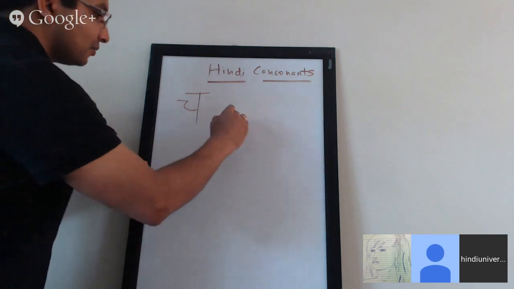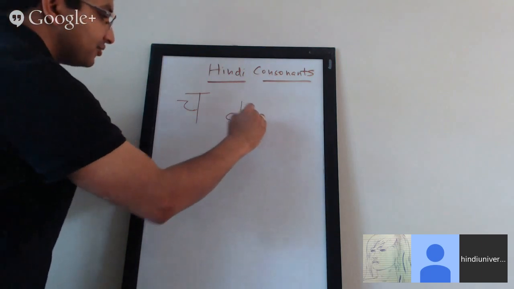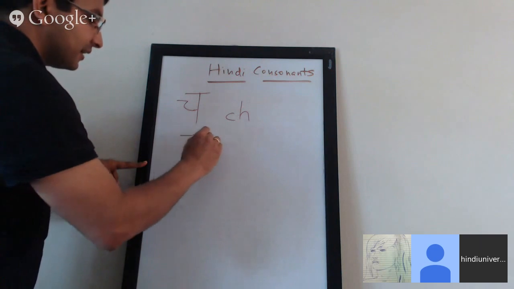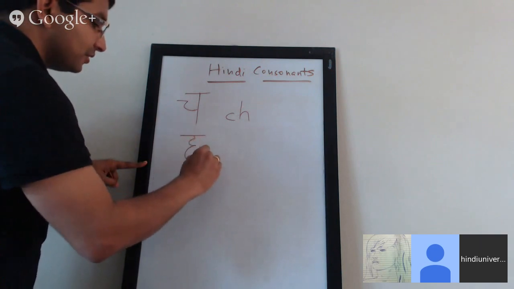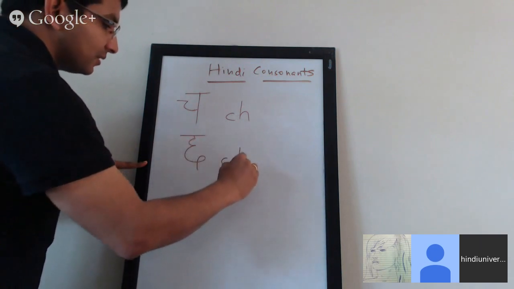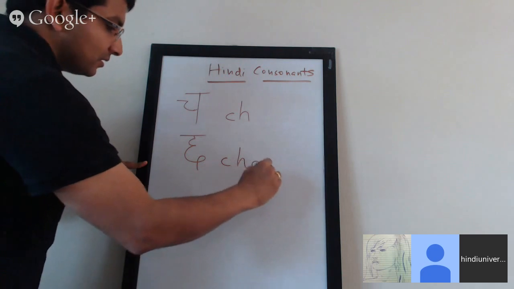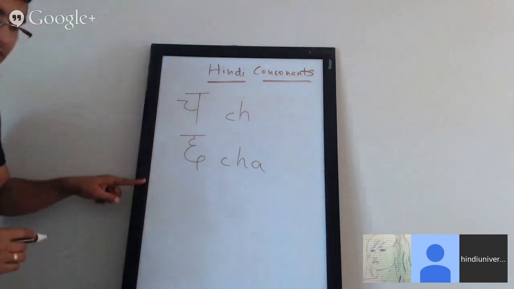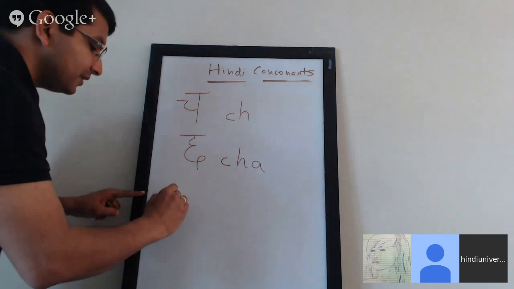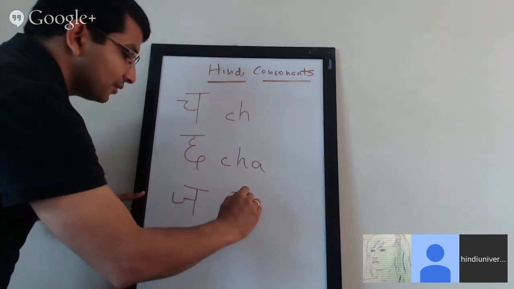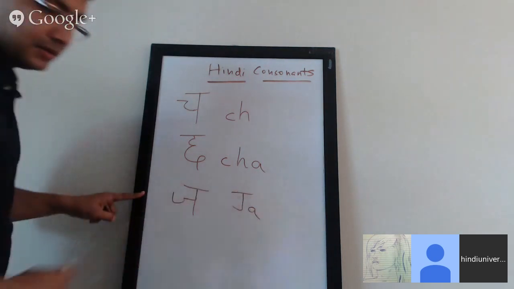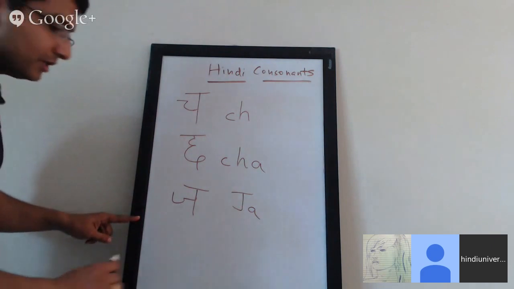Second one is ch. Third one is known as j. Fourth one is j.